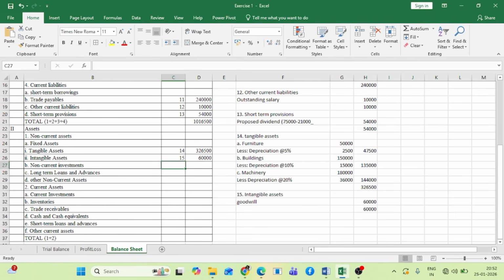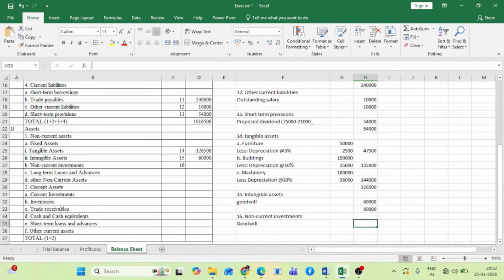Okay, non-current investment means an investment that you are keeping, that you can't convert very easily. So here it is, sorry, 16, non-current investment.